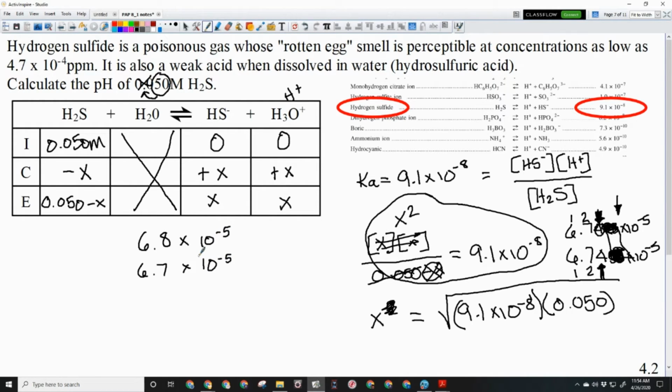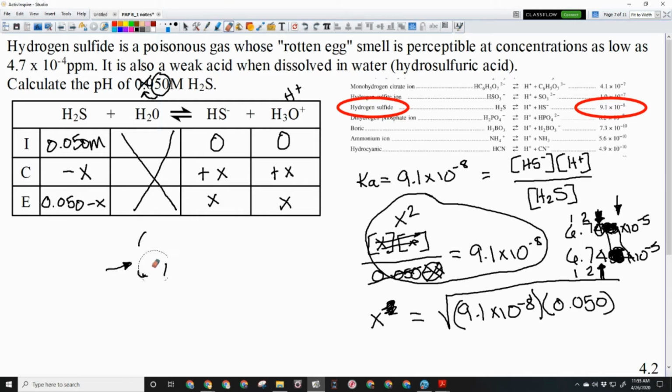Even if you take AP chemistry, they're not going to count off for that because you've shown all your work, how you got to this, and it was correct. And if it's a multiple choice, they're not going to put these 2 answers that close together on a multiple choice for you to choose between those. It's just not going to happen. So even if it is a multiple choice, you'd be able to choose the right answer.